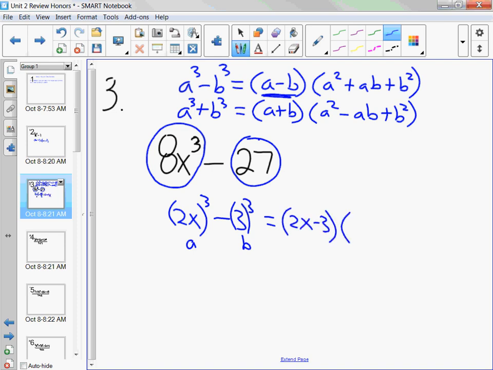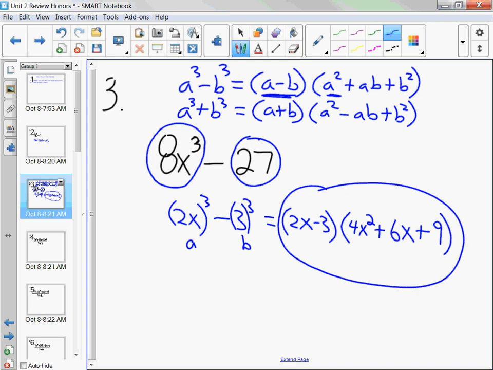Then I have to do a squared, which is 2x times 2x, which is 4x squared, plus a times b, which is 2x times 3, which is 6x, and b squared, which is 3 times 3, and that's 9. So that is difference of two cubes factored.